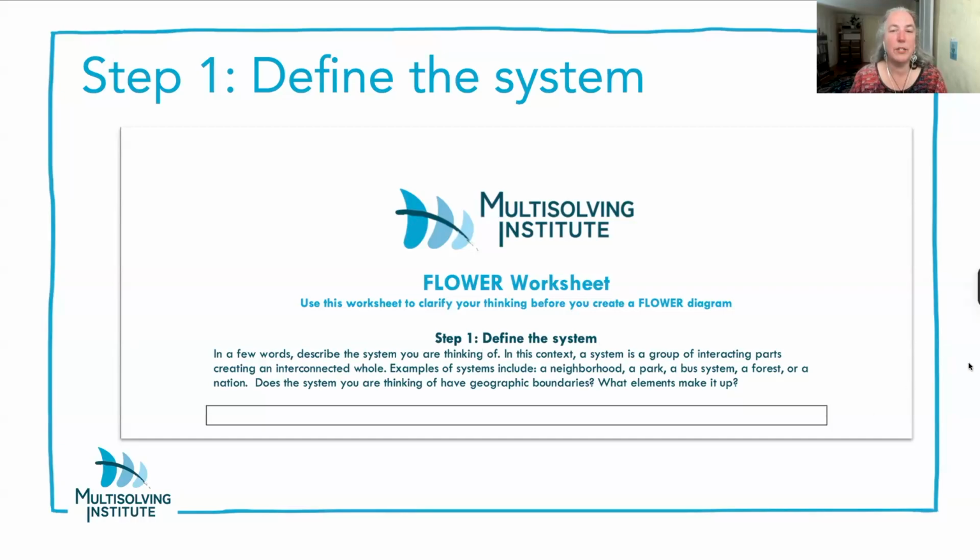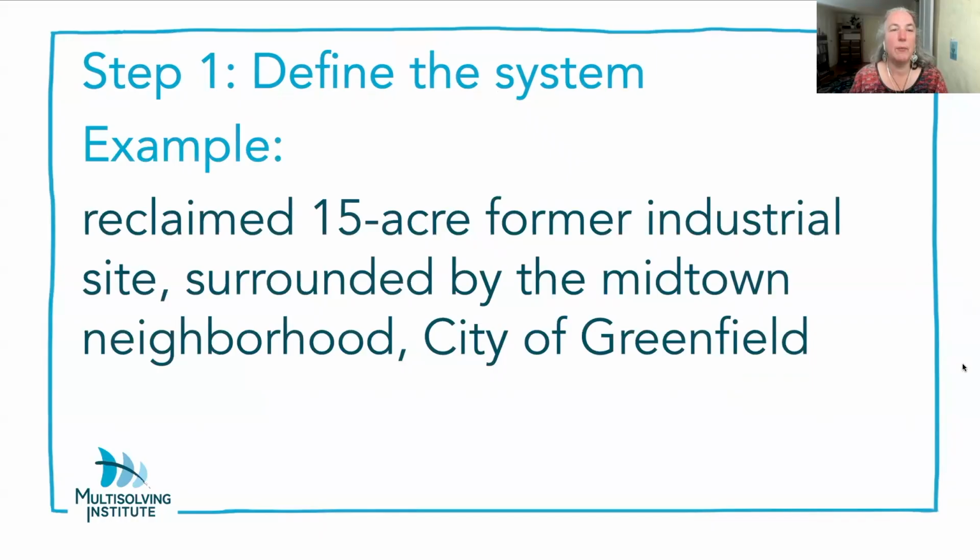Okay, so everybody should go to their worksheet and we'll give you a couple minutes to think and type in your definition. The example we're going to be moving back and forth between is your own work and this example. So the example in the city of Greenfield, we're going to focus on a system that's a 15-acre parcel that's surrounded by neighborhoods in the middle of an imaginary US city called Greenfield.